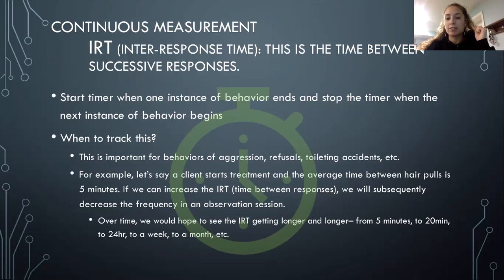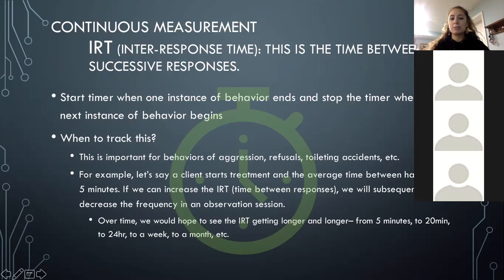So he's pulling staff's hair every 5 seconds. The reason that this is important to track is because hopefully with different interventions, we'll start seeing that time between responses increase. So hopefully we're getting it from every 5 seconds to 5 minutes to 20 minutes in between responses to 24 hours between responses to a week to a month, etc. Does that make sense?